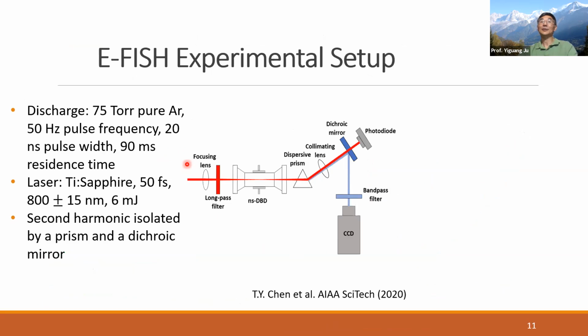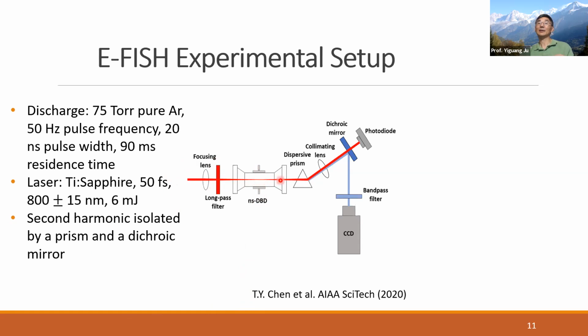And then the experimental setup of this E-FISH, this figure prepared by Tim Chen, basically shows a femtosecond laser, using a focusing lens, focusing to a beam waist in the reactor, a nanosecond DBD, where you put an electrode and generate the electric field.